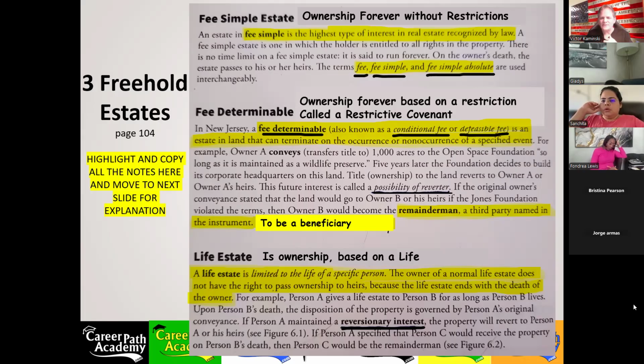That by a certain date or by the certain happening of an event, the restriction would go away. If they didn't put such a sunset clause in the deed, then it's there forever. That restriction runs with the land, meaning that it passes on from one owner to the next.